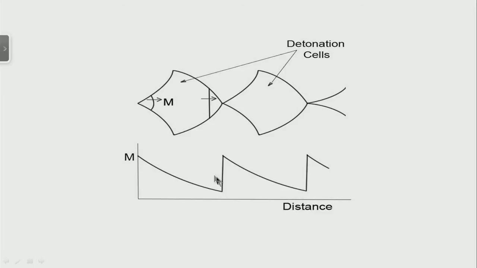At the end of the cell, the Mach number decreases, again I have a spurt, starts with around 1.2 to 1.4 times the mean Mach number, comes down to around 0.6 to 0.8 times, again there is a spike. It seems like the detonation propagates in spurts within a cell. You have the neighboring cells, and these cells are very much characteristic of a detonation, and are known as cells of detonation.